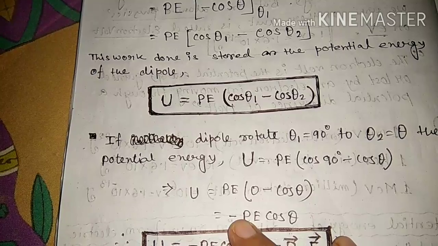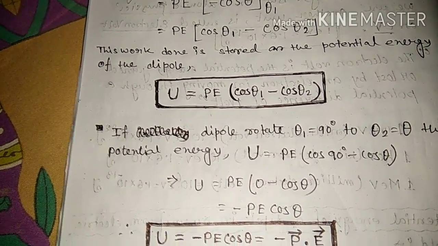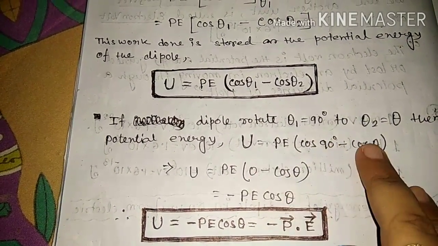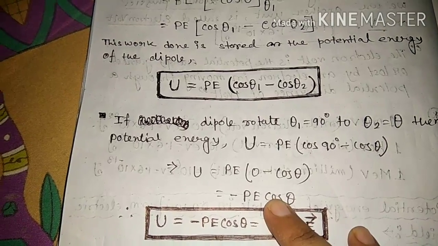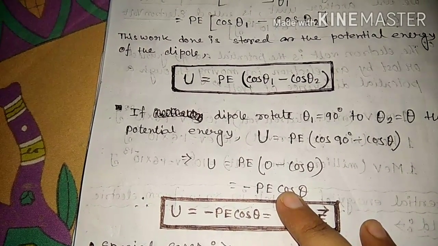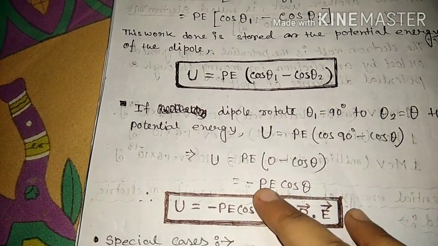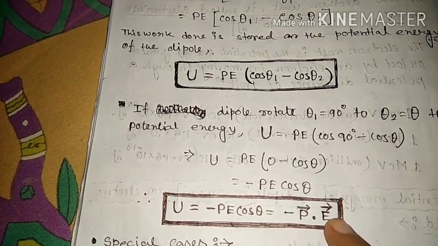So we have U equals minus pE cos theta, since cos 90 is 0. And pE cos theta means the dot product, so that equals minus p dot E.